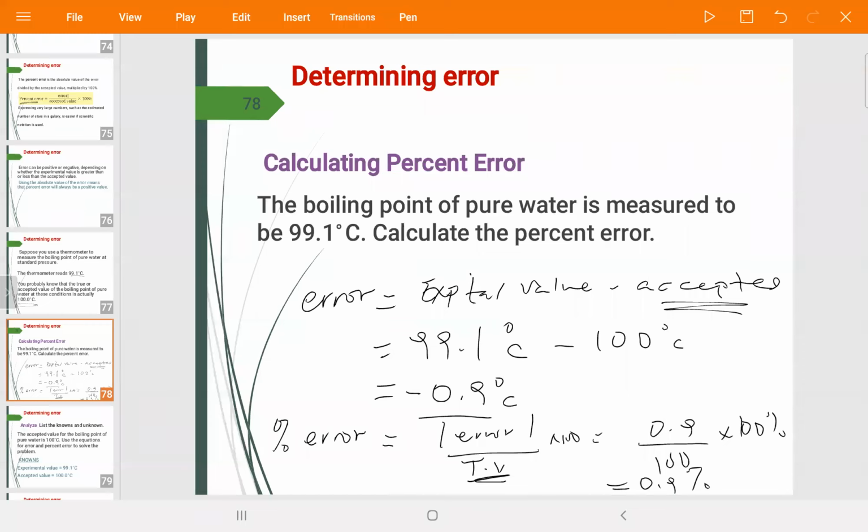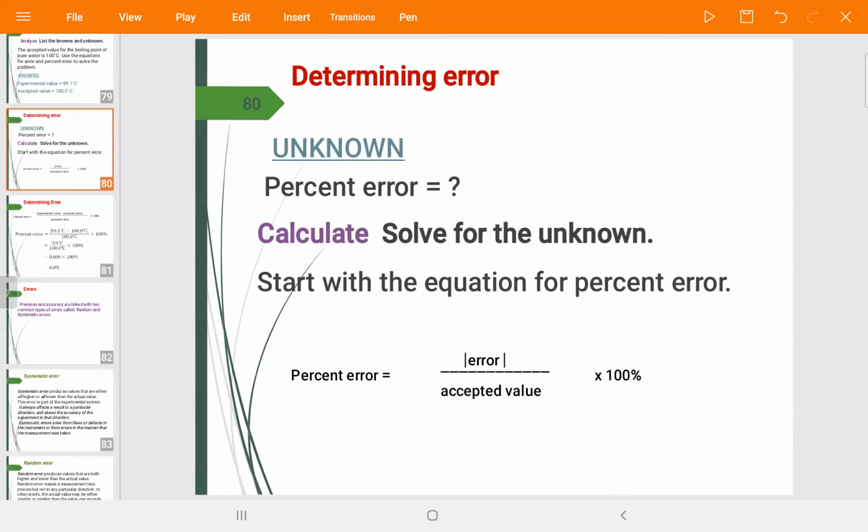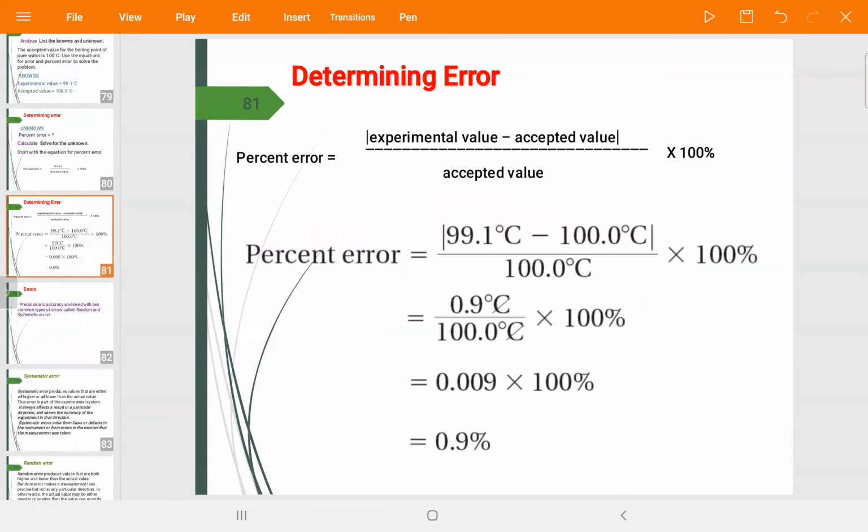Is it clear? So here you have the answer, 0.9%. Any question?